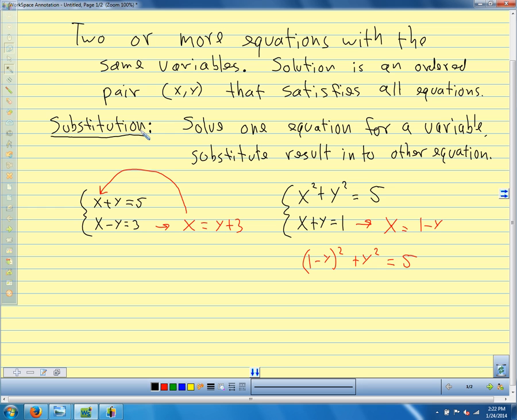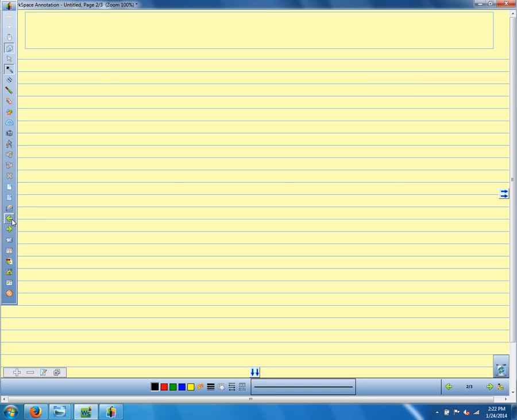Nothing new, nothing unusual, nothing that we haven't seen before. Questions before we move on? Okay. What's another method that we've used this semester for solving two equations at once? Elimination is one. We'll talk about that in just a second. We've used another one also.